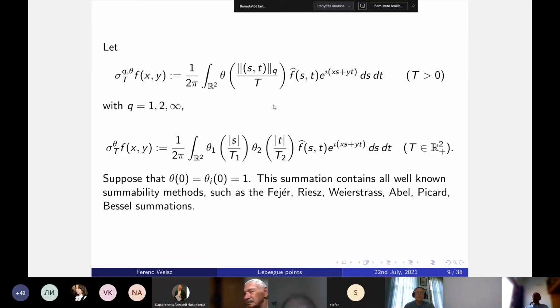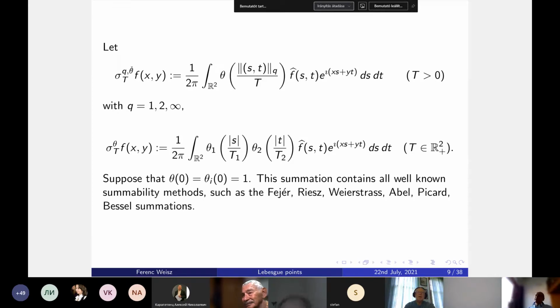In the first summability method, theta is a one-dimensional function, and we consider theta at the points the q norm of the vector (s,t) divided by capital T. Capital T is a positive real number. I denote this by sigma_T^q theta.